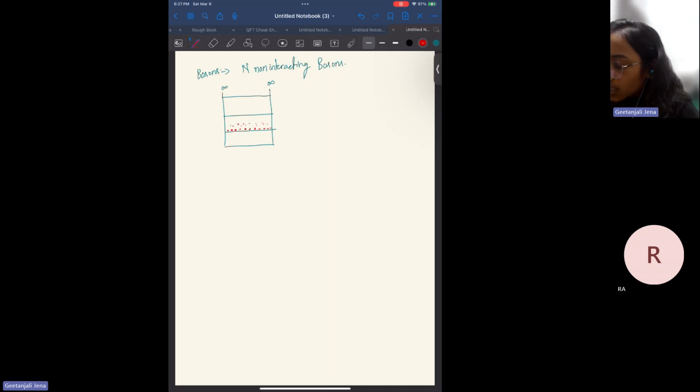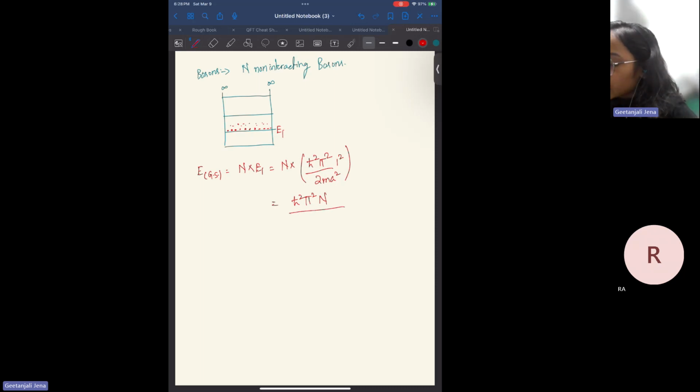So the ground state energy of this system will be n times the energy of this level, which is n times h-bar squared pi squared by 2m a squared times 1 squared. So the ground state energy of a system of n non-interacting bosons will be n times h-bar squared pi squared divided by 2m a squared. This will be the case when the particles are bosons.